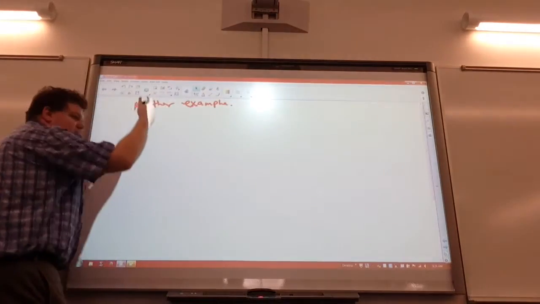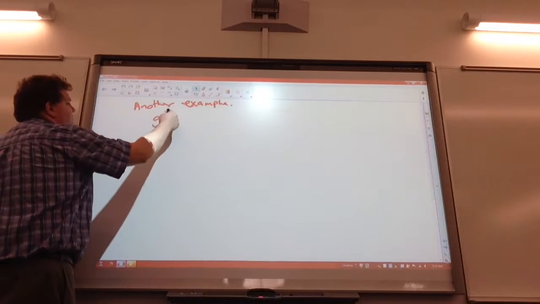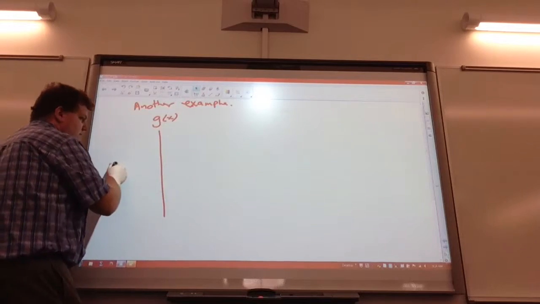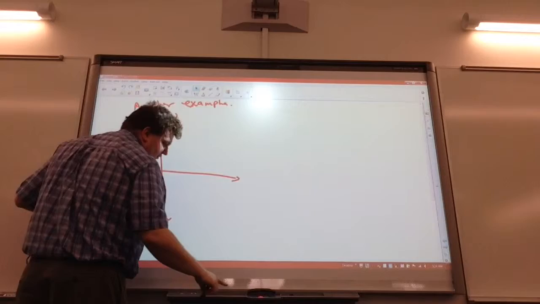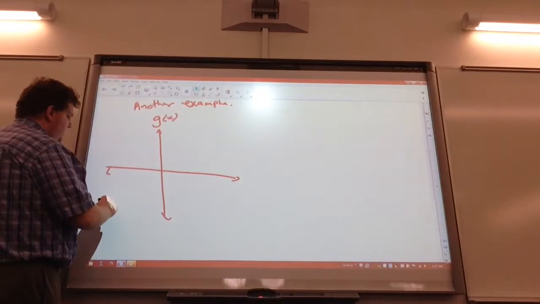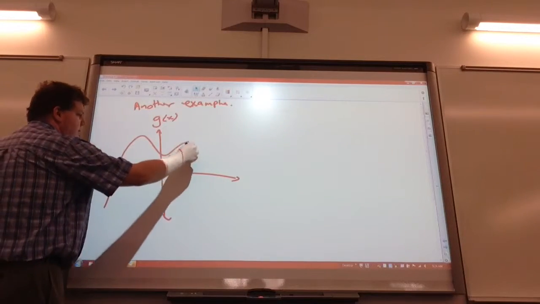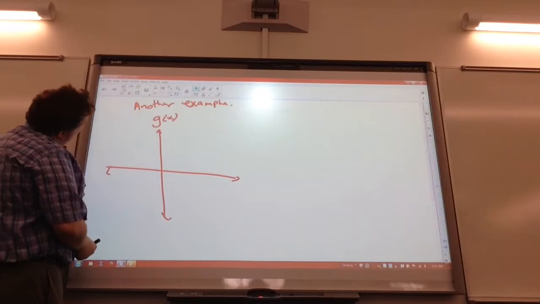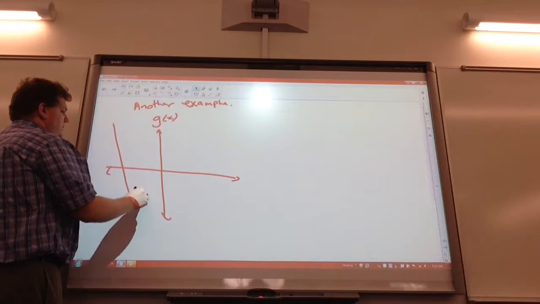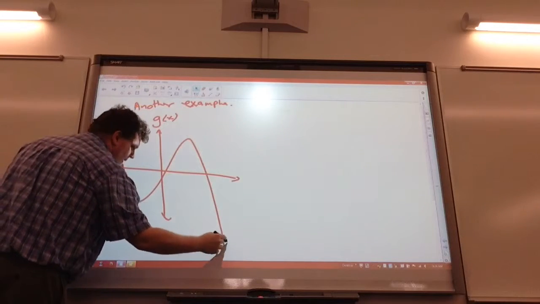This time we're going to go from the original graph, so this will be g of x, and we're going to get g prime of x from it. I don't want to do that M shape, hang on. Here's what we'll do.